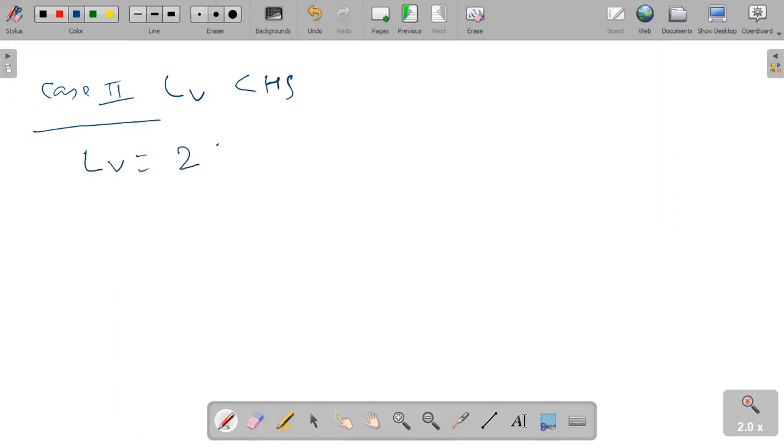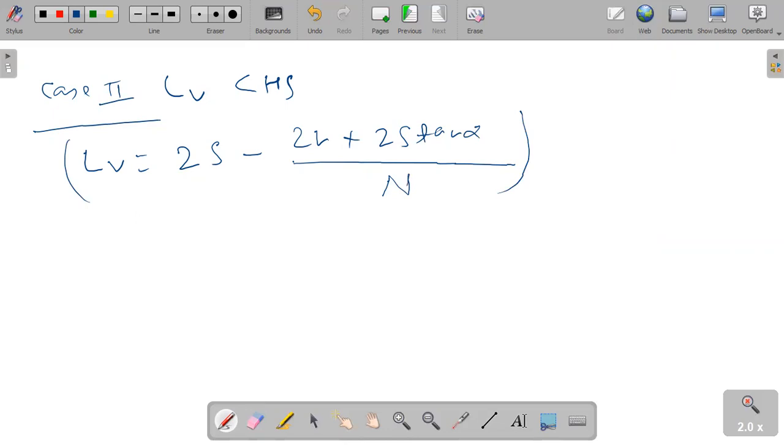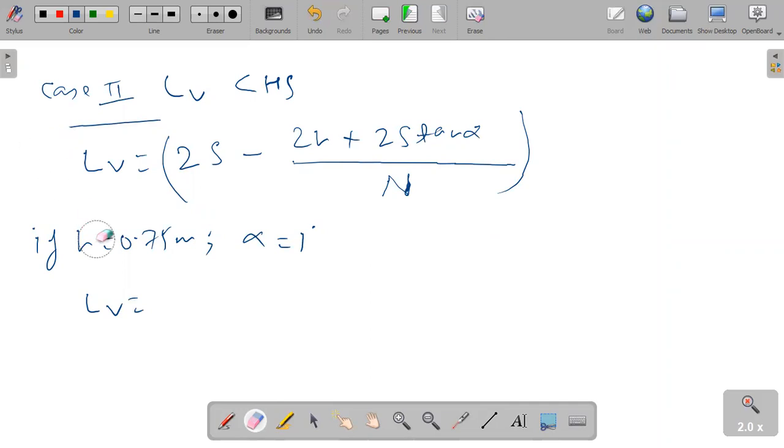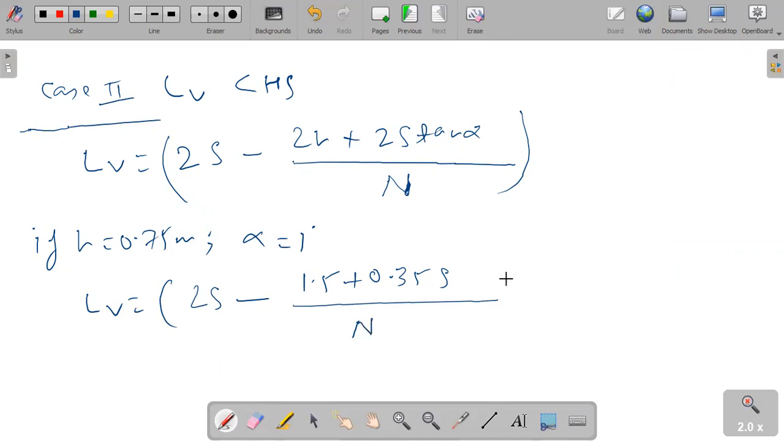Then we'll get the formula Lv is equal to 2s minus 2h plus 2s tan alpha upon N. So here also, if we have h equal to 0.75 meter and alpha equal to 1 degree, then we'll get Lv equal to 2s minus 1.5 plus 0.035 s upon N in meter.